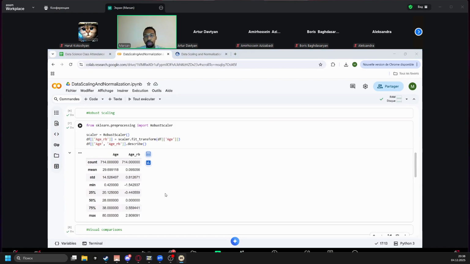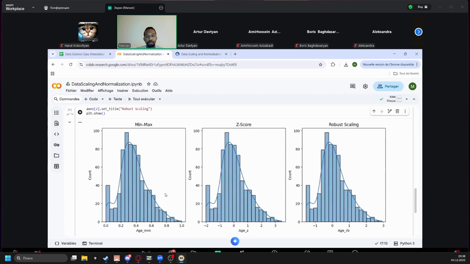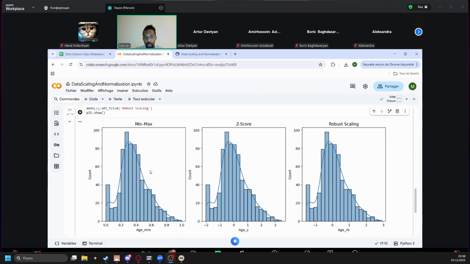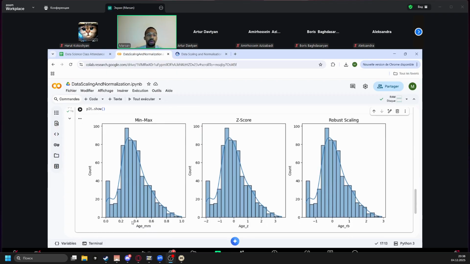What we can also see is the representation of each scaled data. For the first one, as we saw, with the min-max technique the new age is between 0 and 1. With the z-score, we are between -2 and 3.